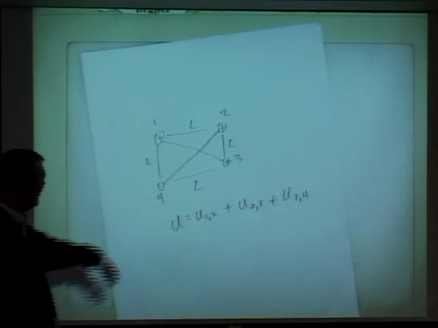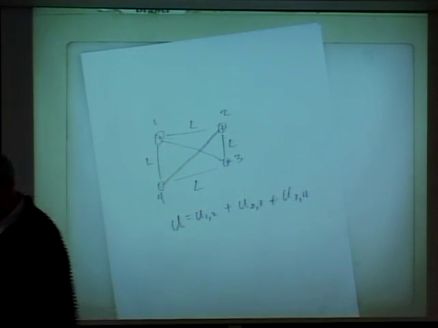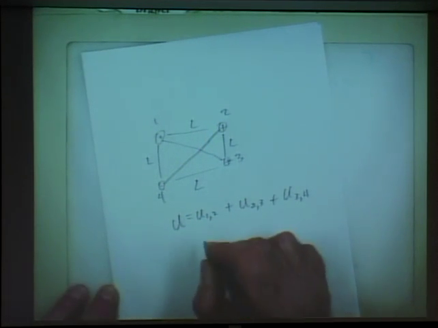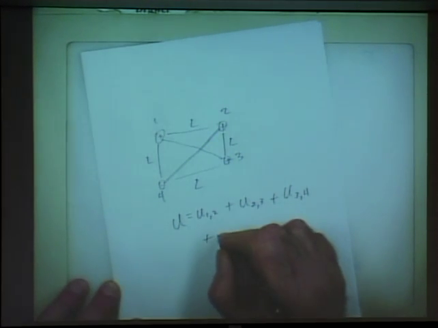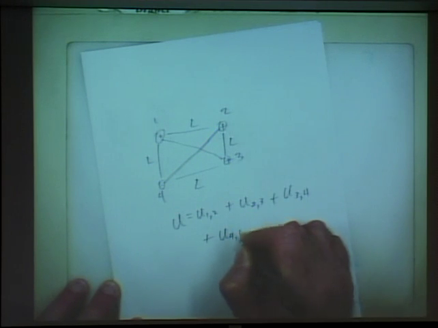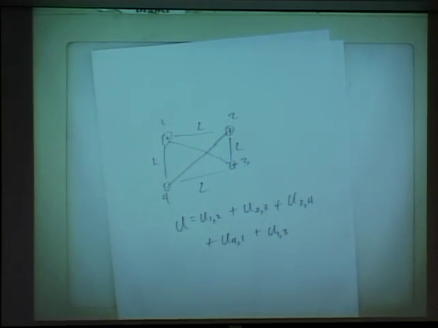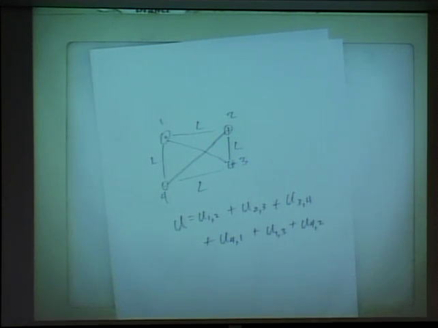That will cancel out this one. These two will cancel out probably. And then plus 4 on 1, plus the potential of 3 on 1, it doesn't matter, they're the same thing, plus the potential of 4 on 2. So we got 6 of them to add up.